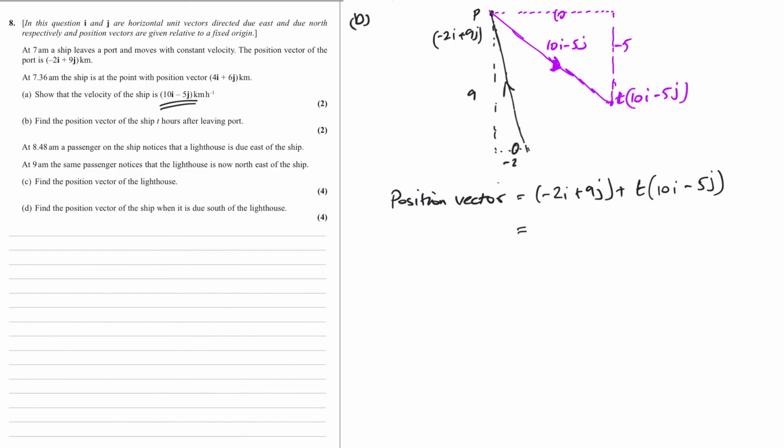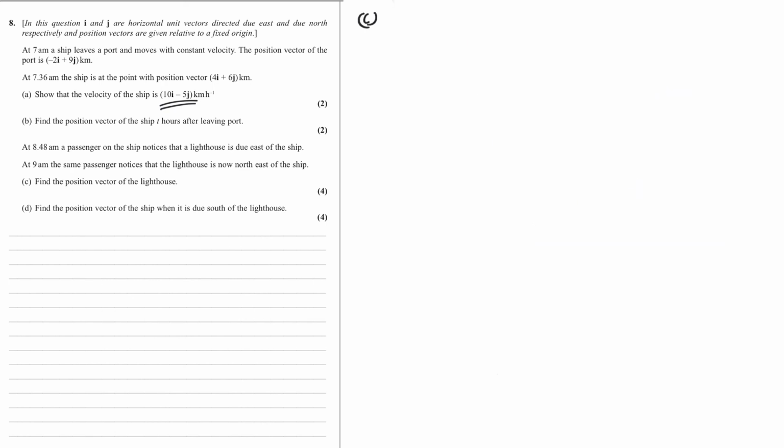All I want to do now is simplify this and keep my i's and my j's together. So I've got 10t minus 2, and that's i, and in terms of the j, I'm going to put 9 minus 5t j. I just started with a positive value where I could, separating out in terms of i and in terms of j.